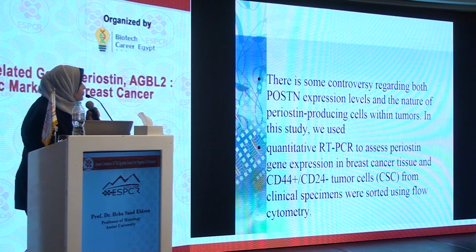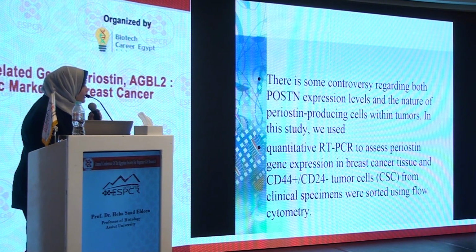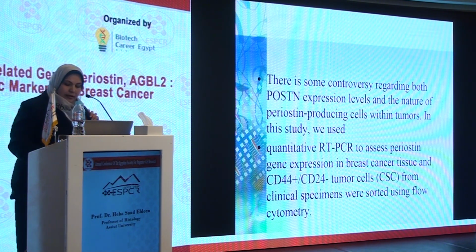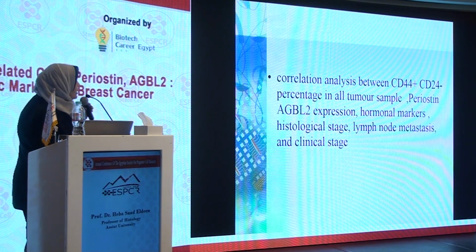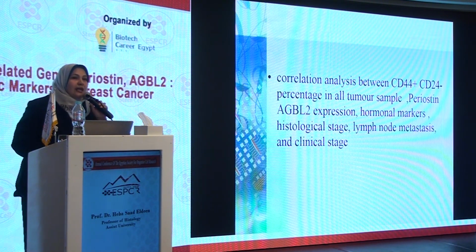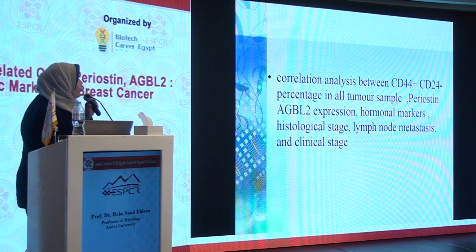So we used quantitative RT-PCR to assess periostin expression in breast cancer tissue, and in parallel, we made a characterization using CD44 and CD24, which are well-known markers for breast cancer stem cells, from clinical specimens using flow cytometry and RT-PCR, with correlation analysis between the percentage in all tumor samples. I want to focus on the whole tumor sample.